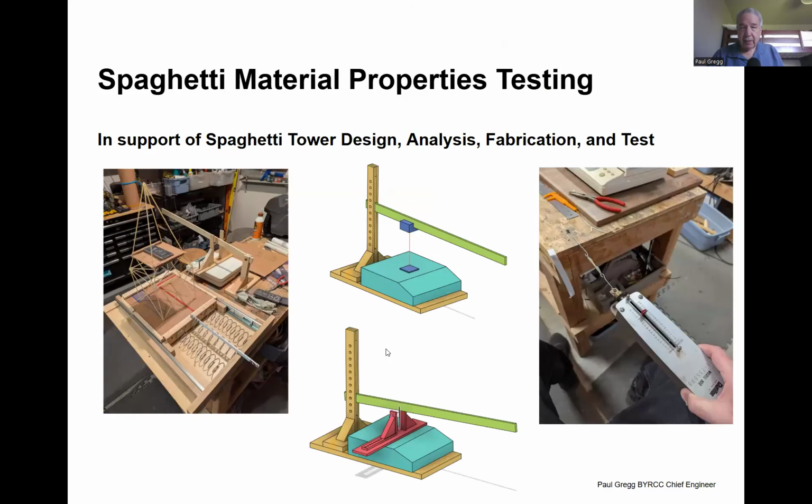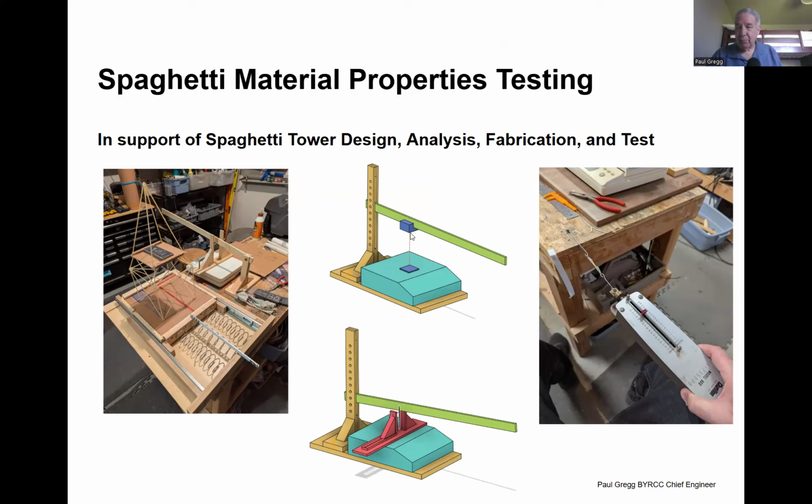So today I'm talking about spaghetti material properties testing. I made a video about the spaghetti tower acceleration table testing, but this is more of a component level of that. I test each piece of it. And because of the nature of the spaghetti, buckling is a big deal.